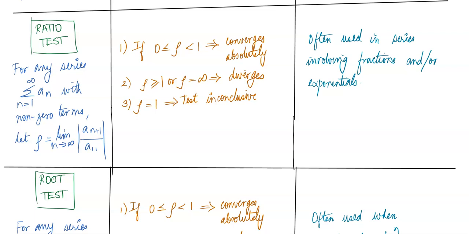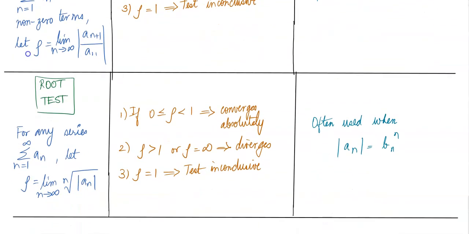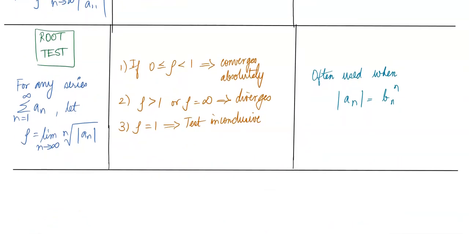We use this when we have fractions or exponentials. Root test is used when you can express your given series as a power n, both up and down if it's in fractional form, so that we could undo that power n with the root n that this root test allows.